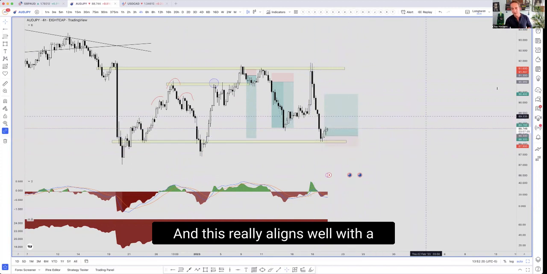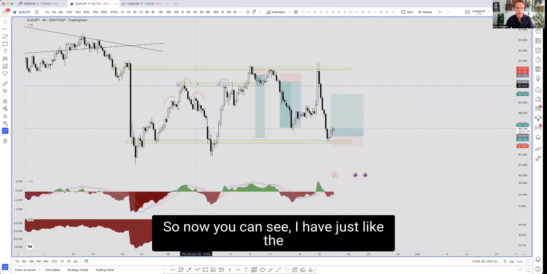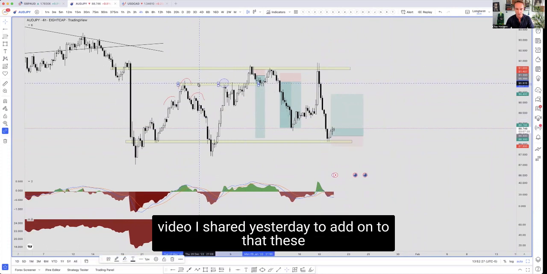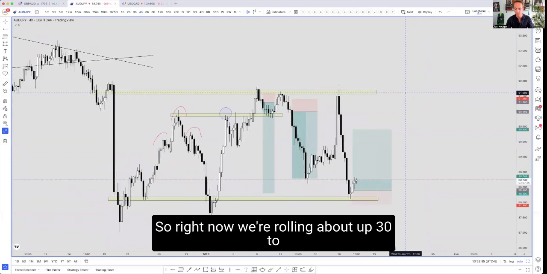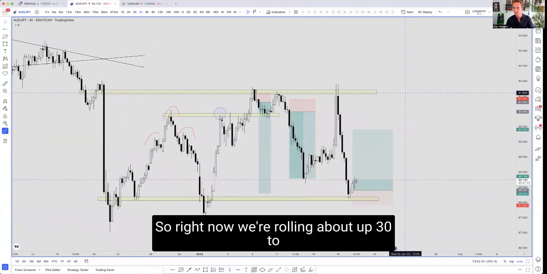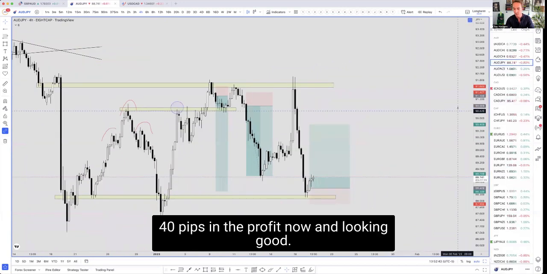And this really aligns well with a lot of these other yen pairs. So now you can see I have, just like the video I shared yesterday, to add on to that, these different support and resistance zones inside of there. So right now we're up about 30 to 40 pips into profit, and looking good.